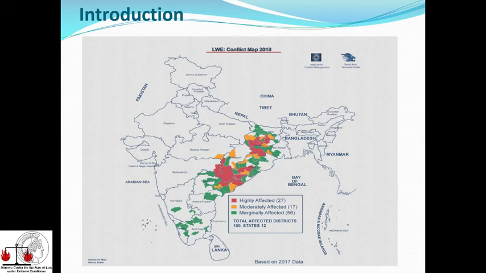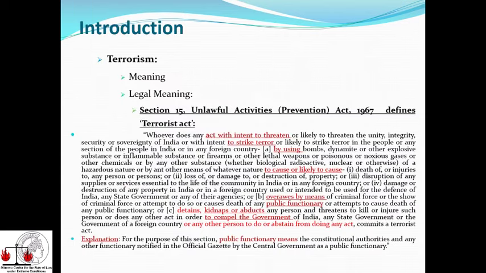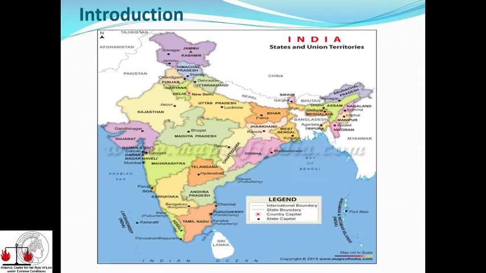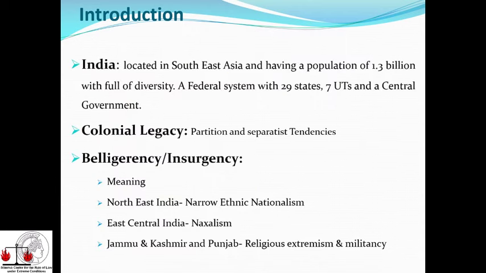So coming to it, first, let's begin with the narrow ethnic nationalism of Northeast India. In the early 1950s, there were many tribes in the northeastern part of India, and those tribes were motivated by the space left by the colonial rulers.